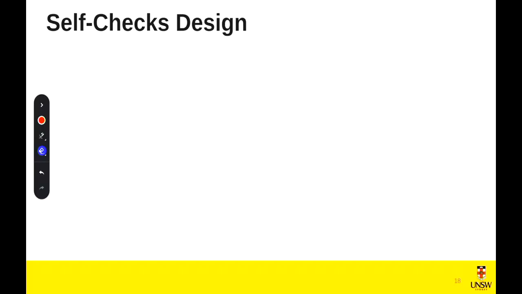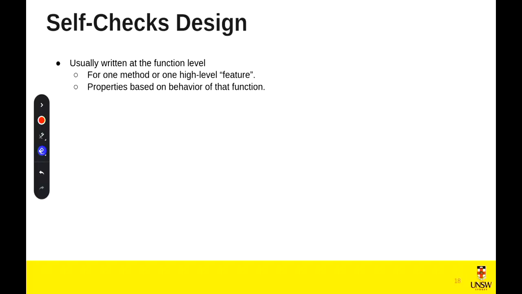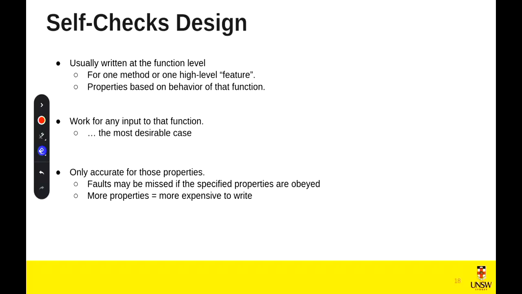And talking about trade-offs, we need to think about the design of these self-checks. They are normally written at the function level. So we want it to be general, so we want to use some high-level features of the function to design these kinds of self-checks. And it is mostly desirable to work for any input to that function. However, there are also some limitations for this type of self-checks.